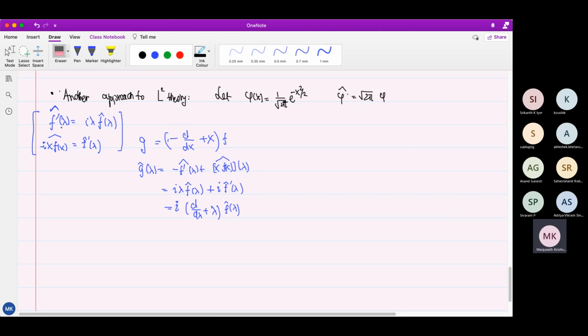Okay, so f dash hat of lambda. Okay, let me do it then. Because I think I should get back. So I'm making a mistake, I think.